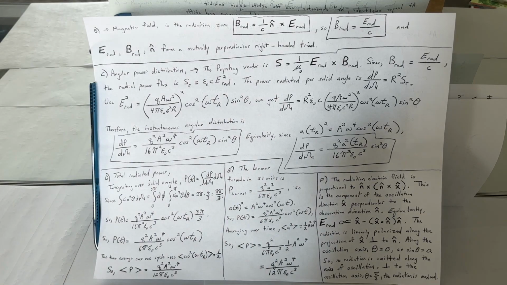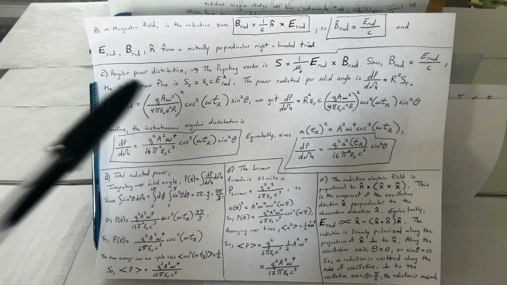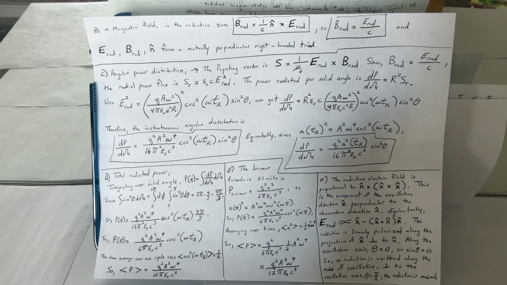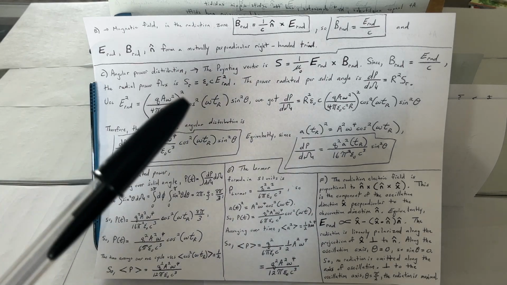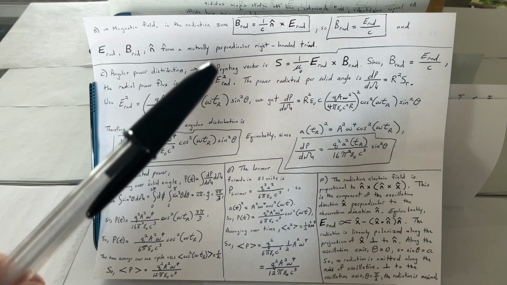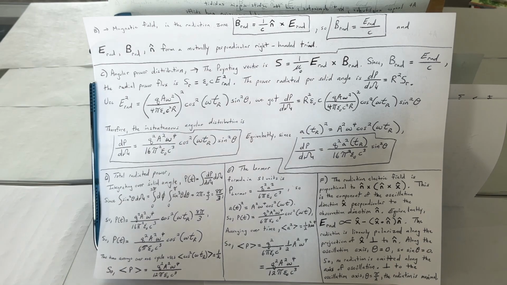For letter C, they want us to determine the angular power distribution. So the Poynting vector is S equals 1 over mu naught E sub RAD crossed with B sub RAD. And since B sub RAD equals E sub RAD over c, the radial power flux is S sub R equals epsilon naught c, E sub RAD squared.